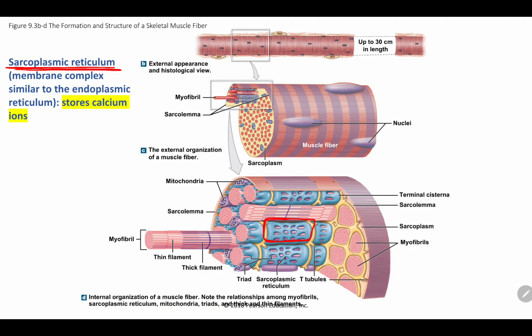But the function of that sarcoplasmic reticulum is going to be to store calcium ions, because that calcium ion is going to be required and needed for the muscle to contract, right? Of course, acetylcholine starts or initiates that muscle to contract, but it's calcium that also helps and allows this muscle to contract, okay?